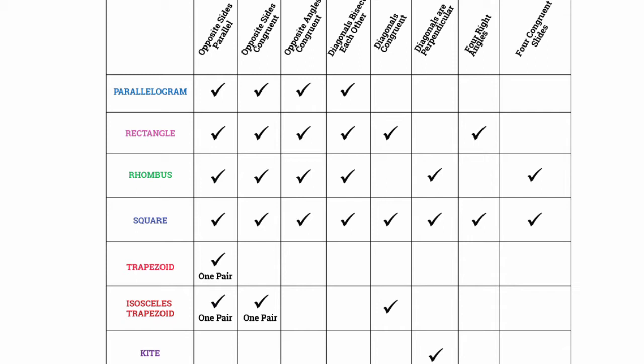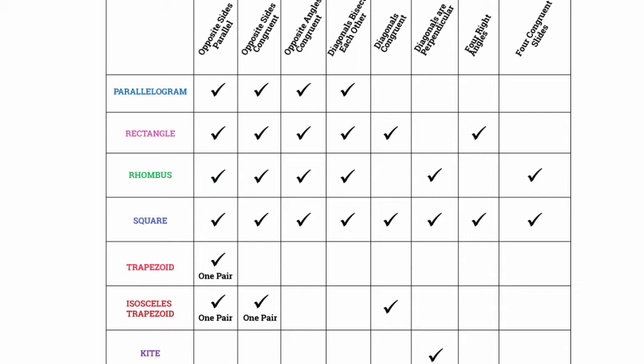And in a square, all the checklist items are available. Opposite sides are parallel, opposite sides are congruent, opposite angles are congruent, diagonals bisect each other, diagonals are congruent, diagonals are perpendicular, four right angles, four congruent sides. Similarly, in a trapezium, only one pair of opposite sides is parallel.